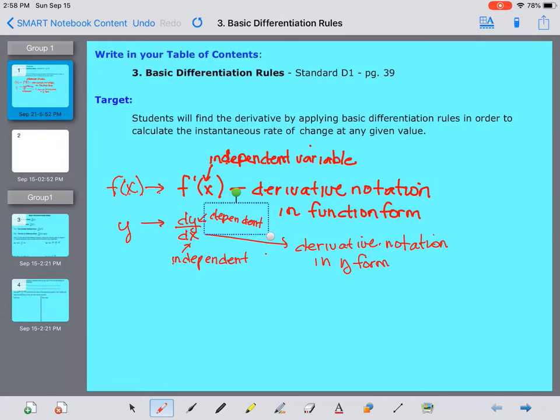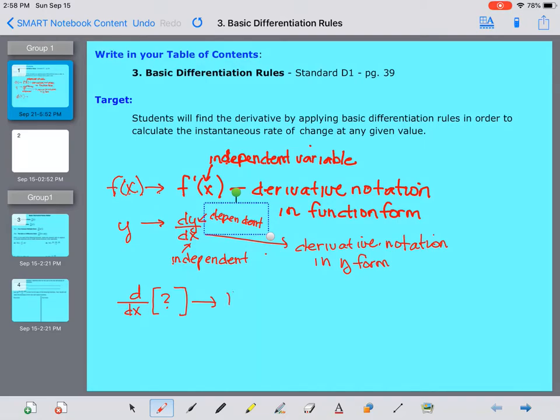Okay, then we have things like the operation of the derivative. So this idea of d dx, derivative with respect to x, and then we have something behind it. So this is our function, whatever this is. And what this means, this is our operation to find the derivative.